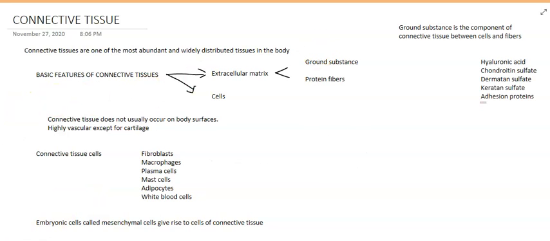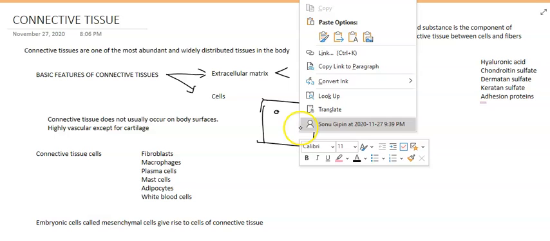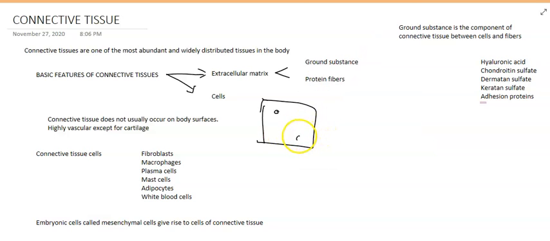So now let us see about the extracellular matrix. As I have already discussed, when you see the connective tissue, you have the cells. The cells may be fibroblasts, macrophages, plasma cells, mast cells, or adipocytes, depending upon the location.